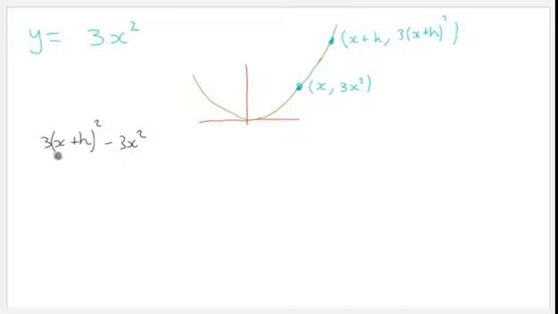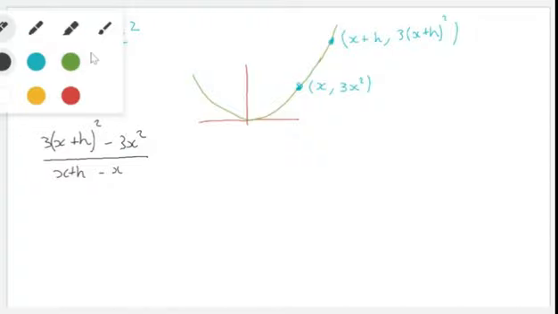That's the change in y, all divided by the change in x, which is x plus h minus x. And we may as well do this from the beginning.